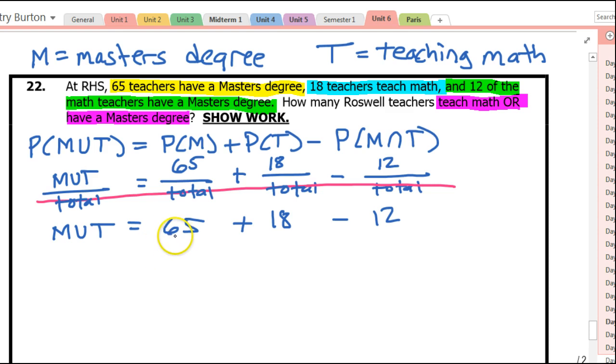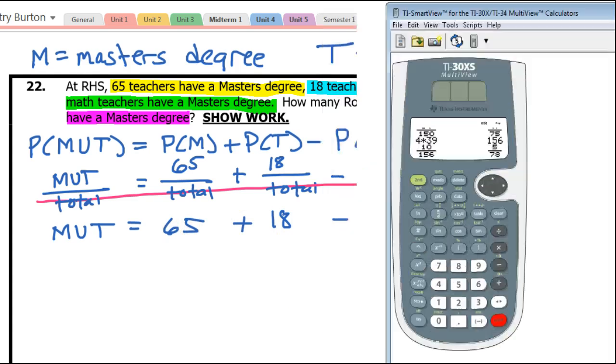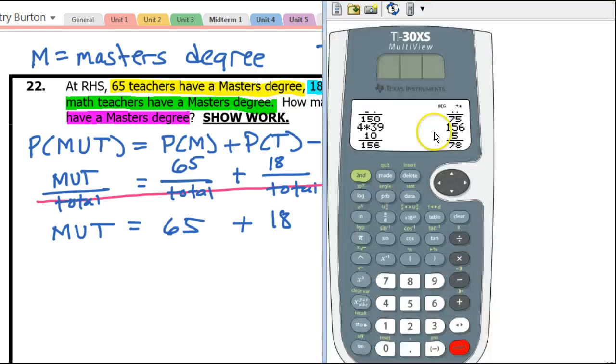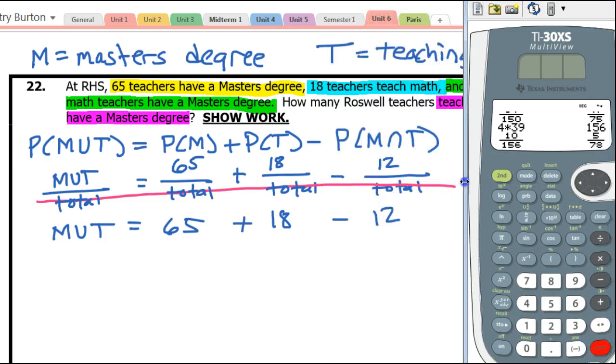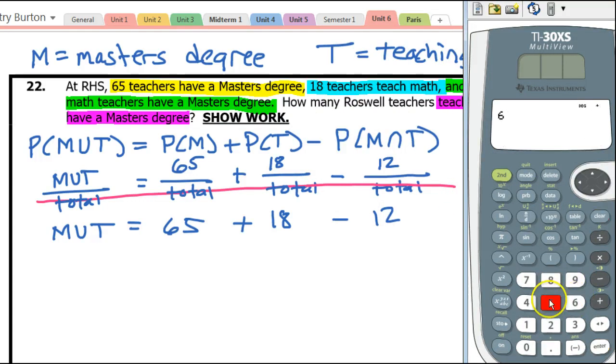In fact, there are no variables here, so we can just do this addition and subtraction. We can really just go ahead and do 65 plus 18 minus 12.